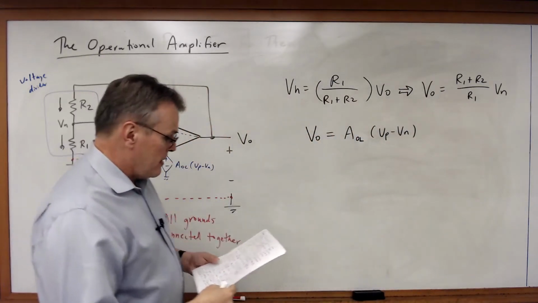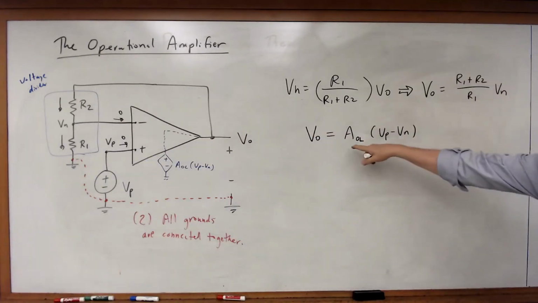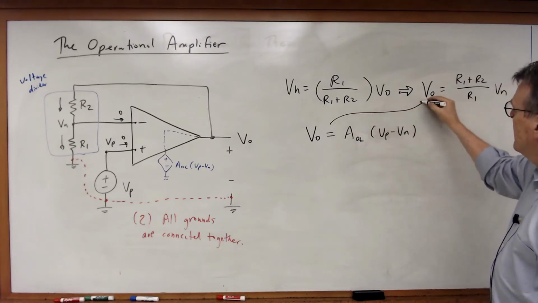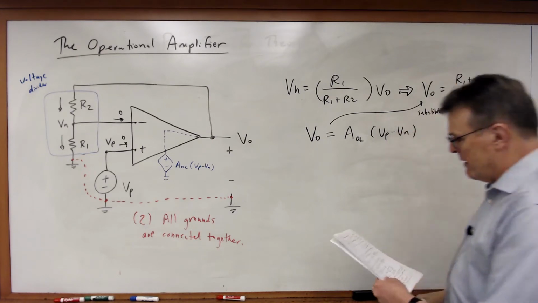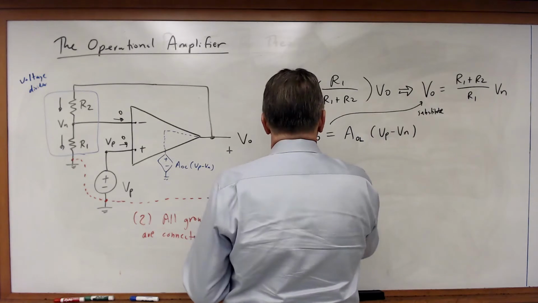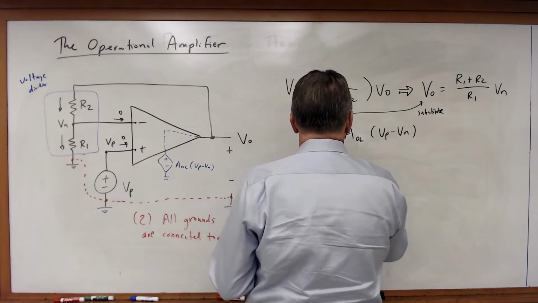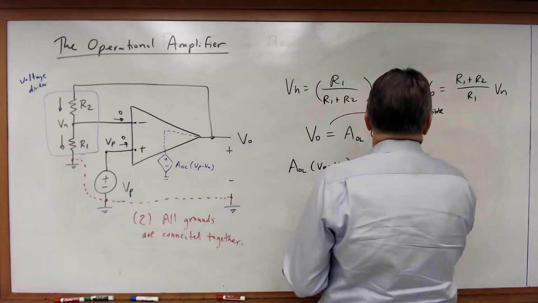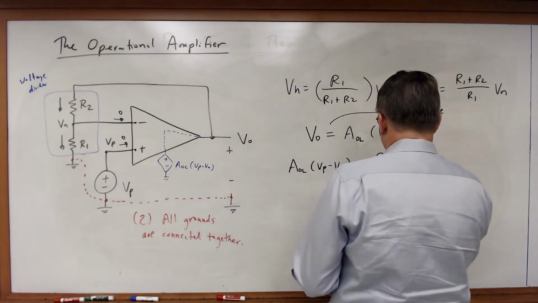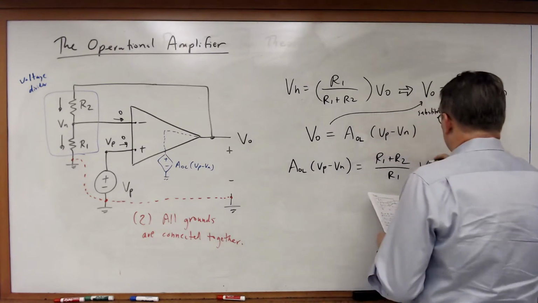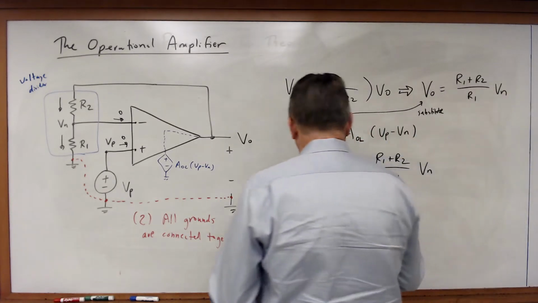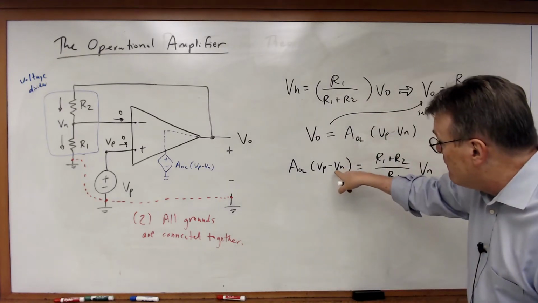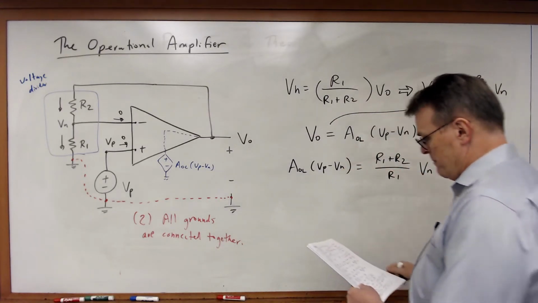Okay, so given this, I'm going to substitute. Let's take this and substitute into here. If I do that, what I will get is that AOL times (VP minus Vn) must be equal to (R1 plus R2) over R1 times Vn. At this point, I can rearrange terms, bringing all of the Vn terms over to one side of the equation.